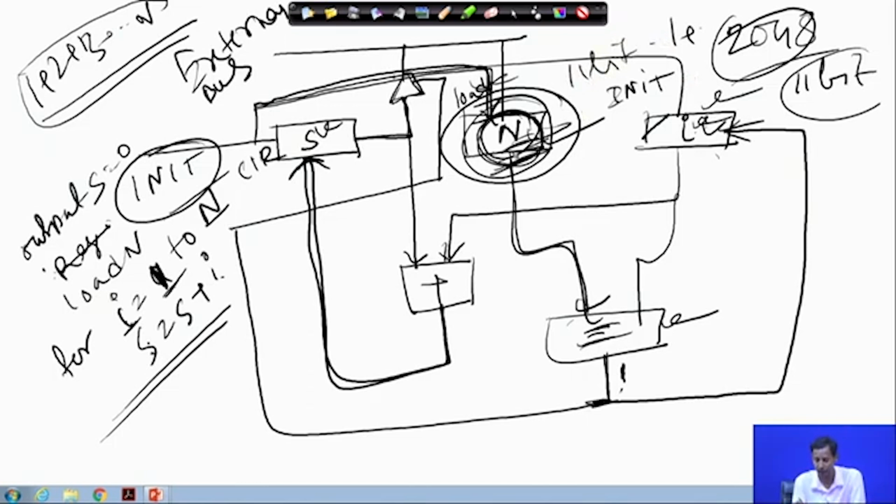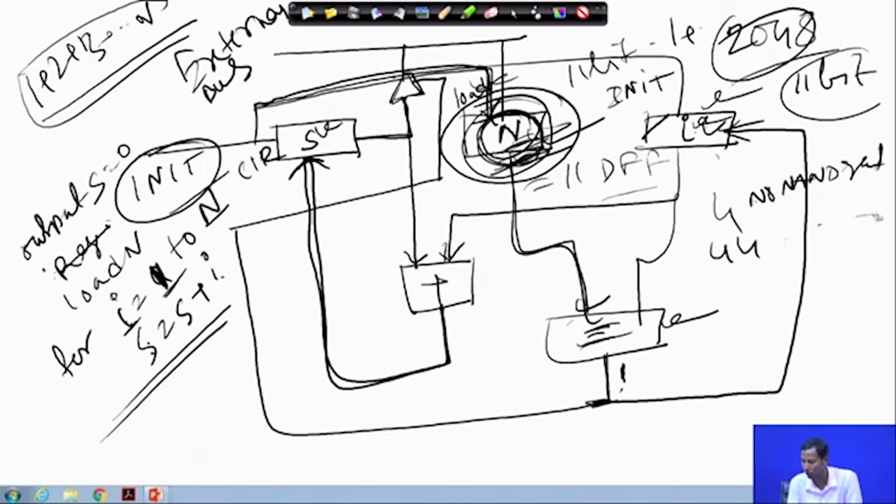So if I can reduce these registers, obviously I can reduce the number of transistors. That means I need 11 D flip flops. If each D flip flop requires 4 NAND gates, then in total 44 NAND gates I can reduce.